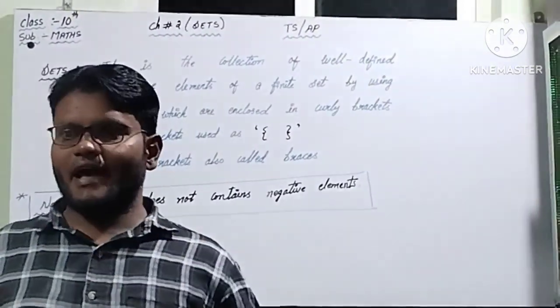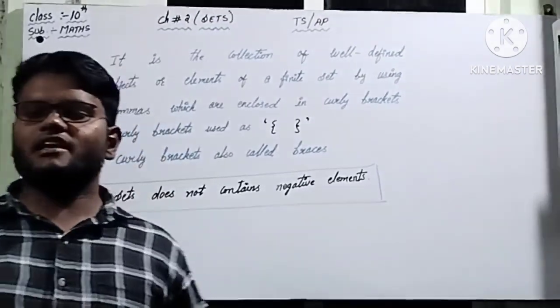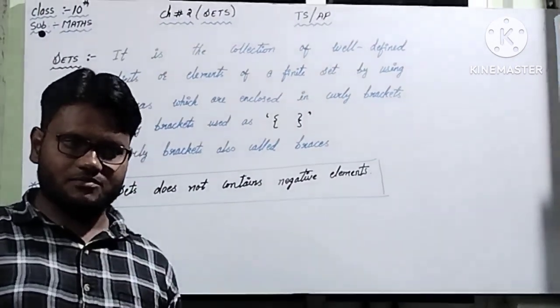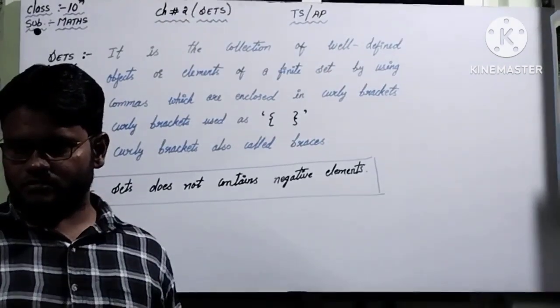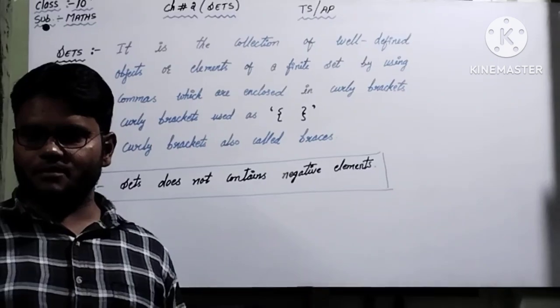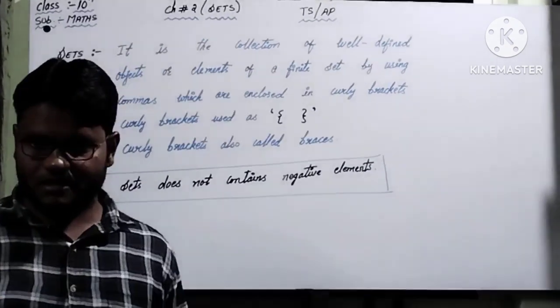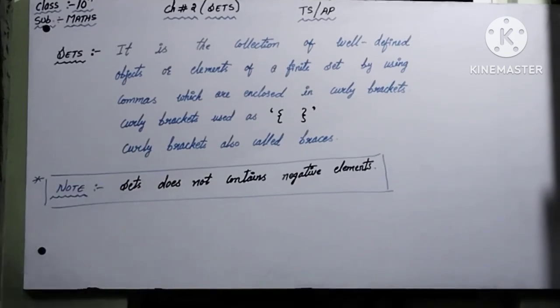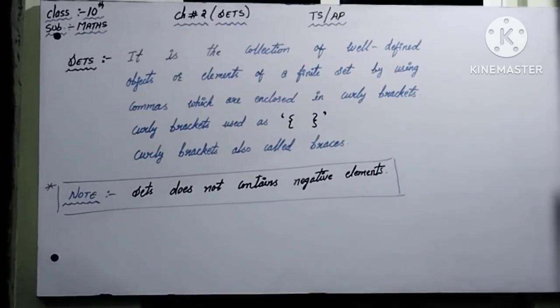Sets do not accept negative elements. If negative elements are in an answer, also don't write that in the answer. Remember this thing carefully, don't forget: sets do not contain negative elements.